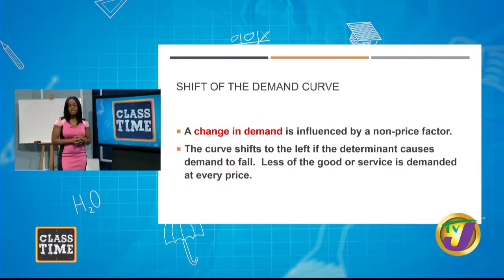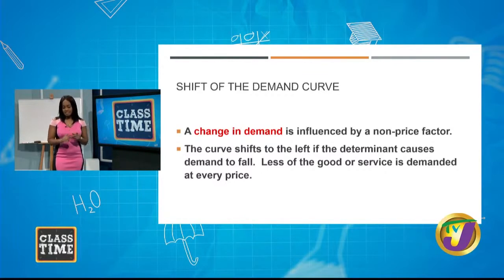When income changes, when there is a change in the expectation of future prices, and also when you look at the price of related goods, when you consider advertisements, those are things that cause the quantity demanded to change at each price level, and so we say that there is a change in demand.